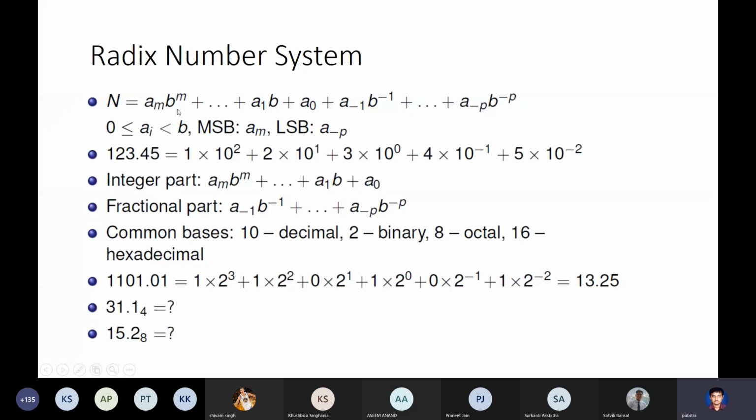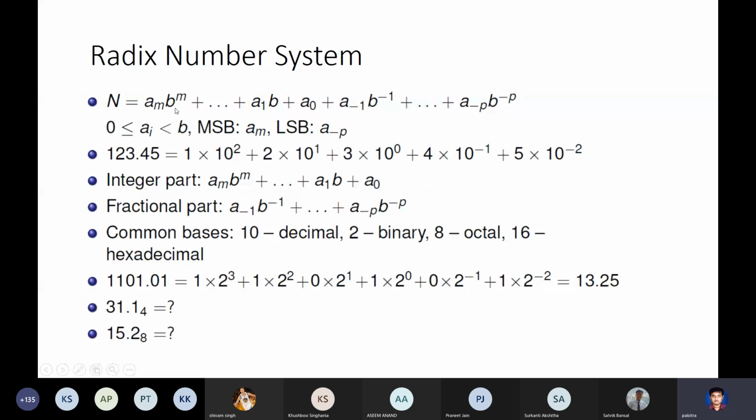You have a set of digits which we call a m minus 1 up to a0, and then fractional parts a minus 1 up to a minus p, and corresponding to each of these digits, depending on at which position the digit appears, you have a weight.